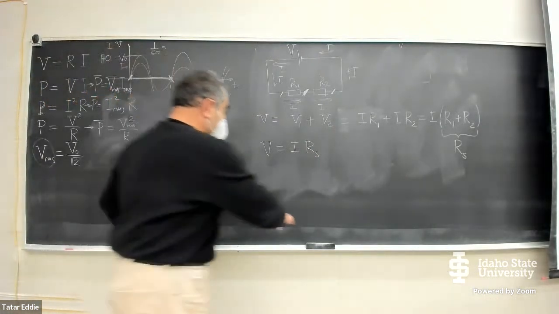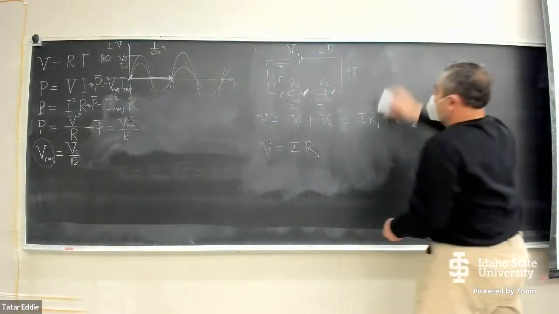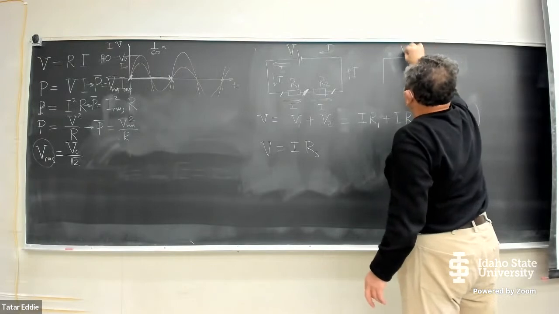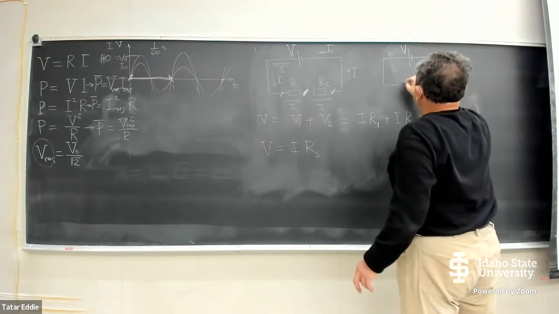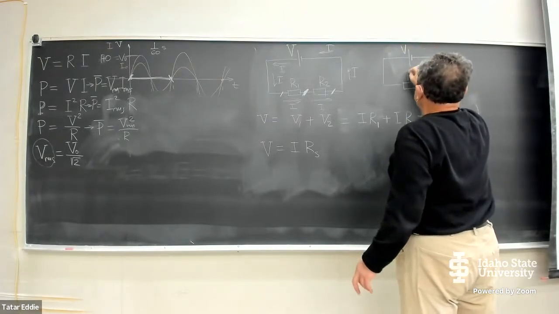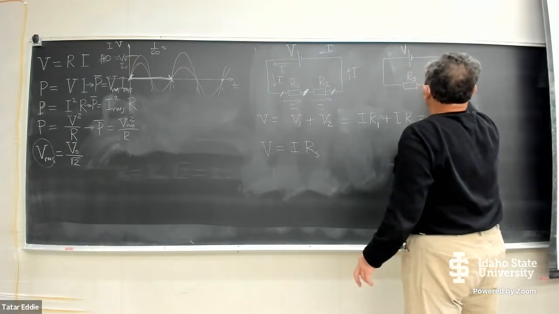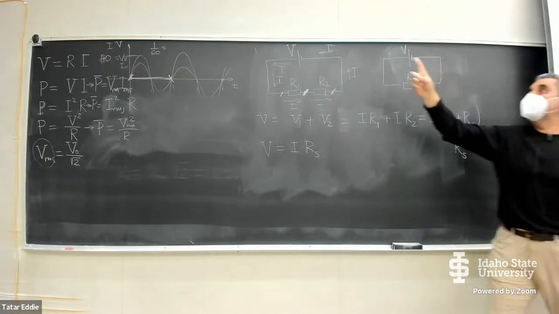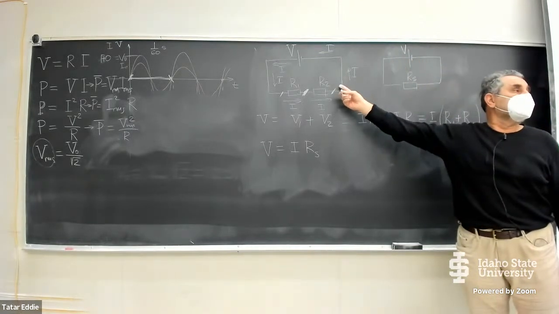And now if you look at another circuit with the same battery in it, but a resistor with value RS, this second circuit behaves exactly like the previous one.